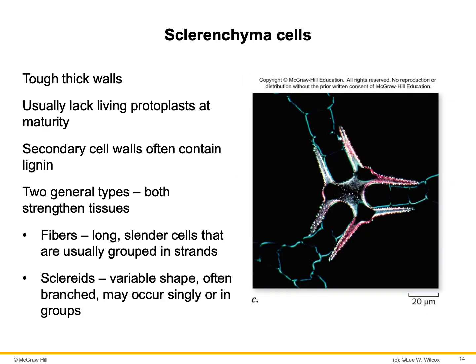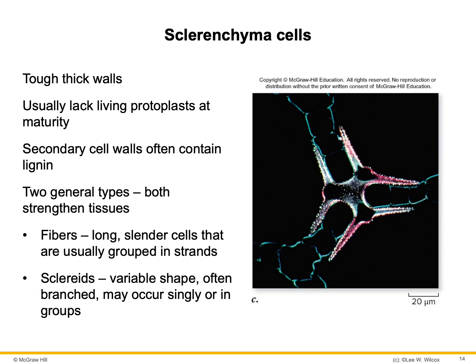And the last cell type we are going to talk about is Sclerenchyma, and they actually have very tough, thick cell walls, and they lack a living protoplast at maturity. They contain secondary cell walls that are impregnated with lignin. These are called lignified cell walls, and Sclerenchyma contain two general types of cells, called fibers and sclereids.